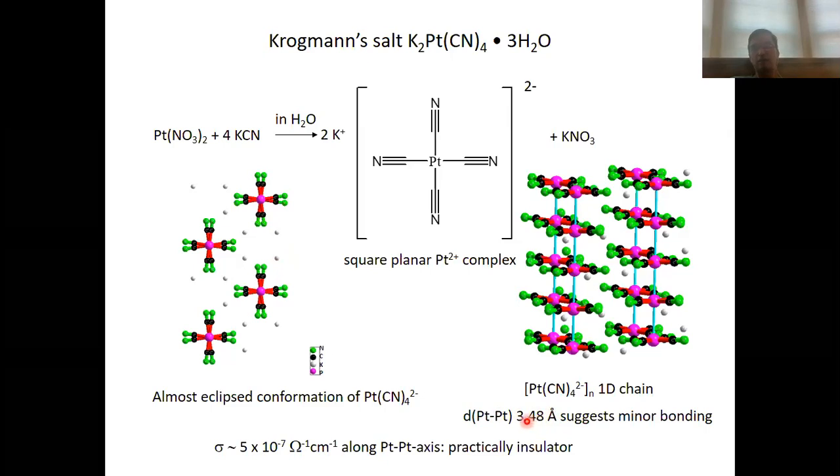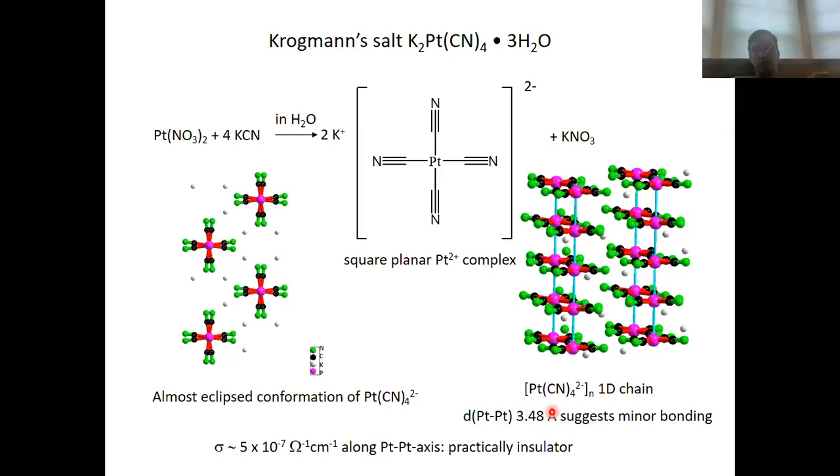So that's a relatively long platinum-platinum distance, which suggests that there may be some minor bonding interactions in between the platinum atoms, but overall they must be pretty weak.